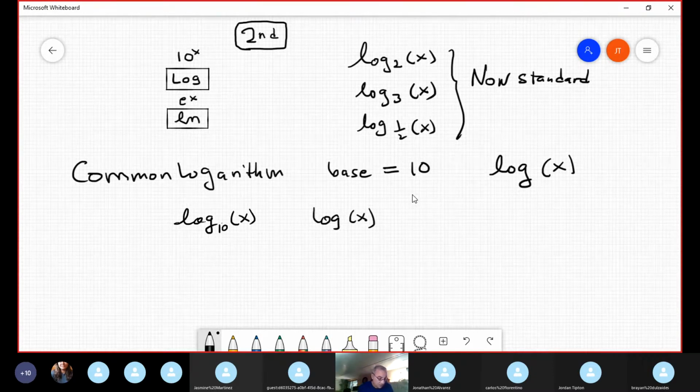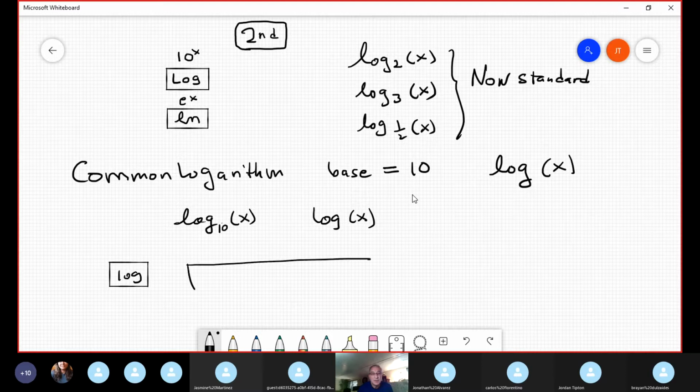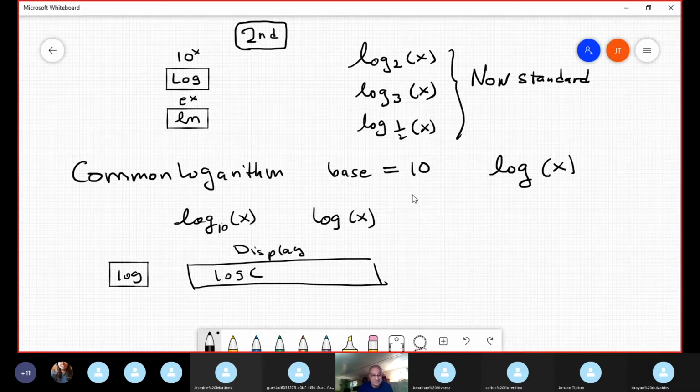You type log, you see log automatically in the display, this is the display. You put this log, which opens one parenthesis. You type inside 100, for example, and close the parenthesis.